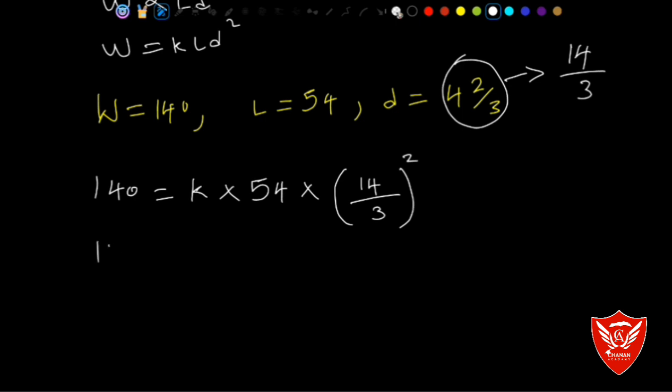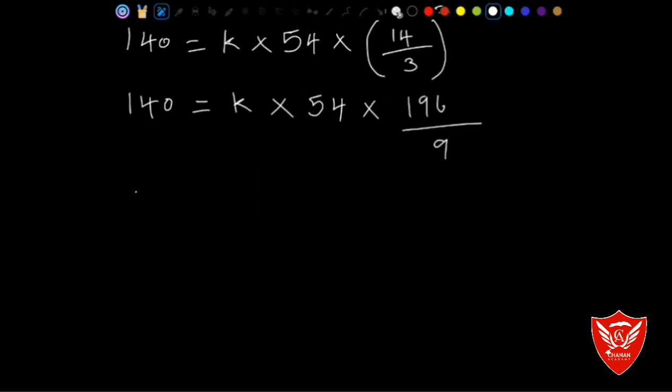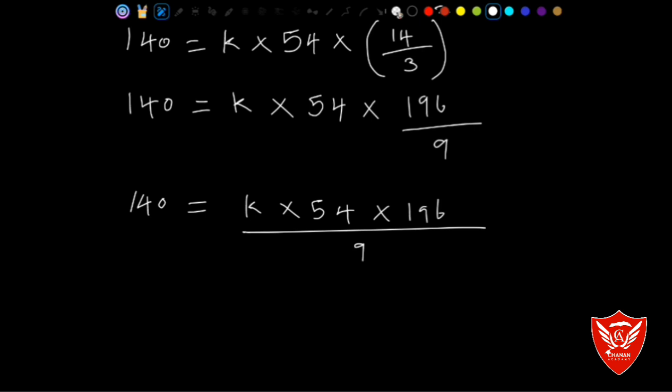Now when you square everything inside, you're going to have 196 divided by 9. So 140 is equal to K multiplied by 54 multiplied by 196 all over 9.